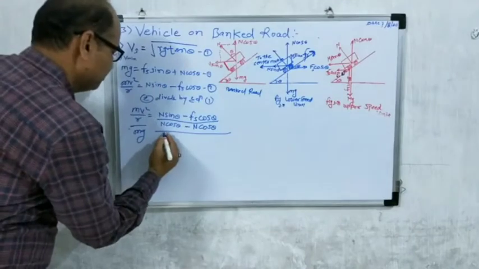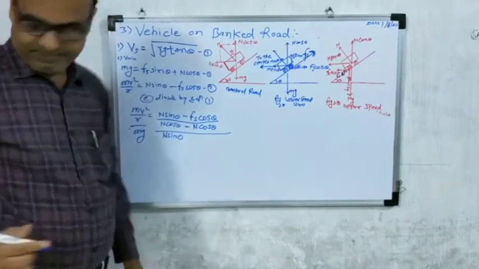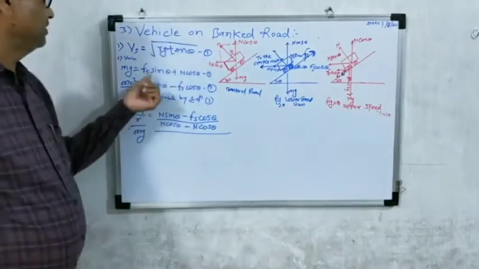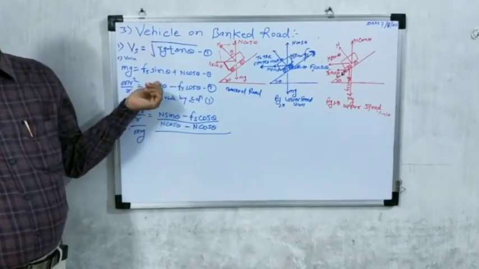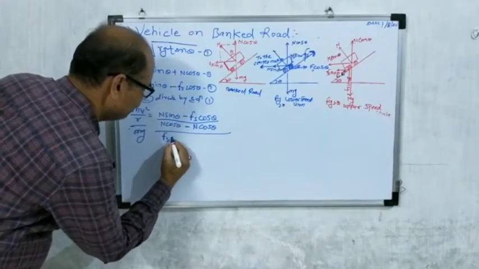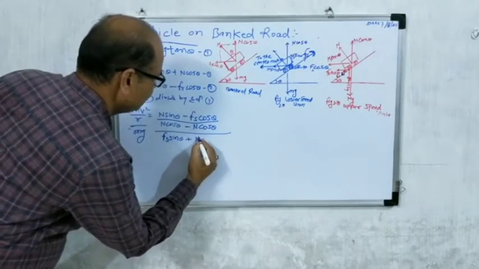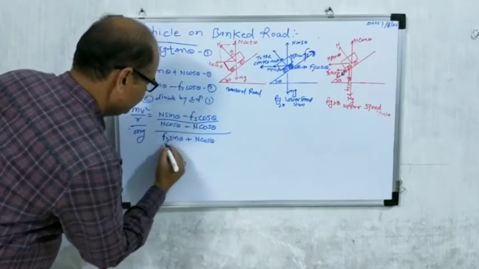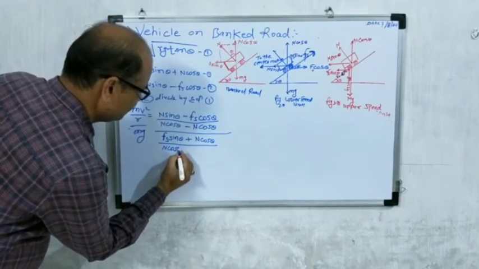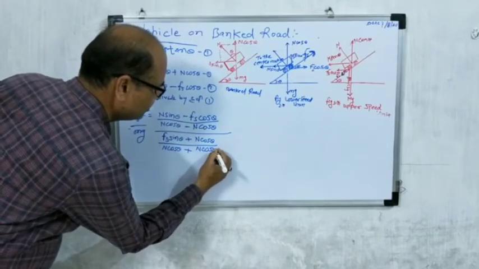The second equation, n sin of theta, divided by mg is equal to the first equation: fs, force of friction, into sin of theta plus n cos of theta, divided by n cos of theta plus n cos of theta.